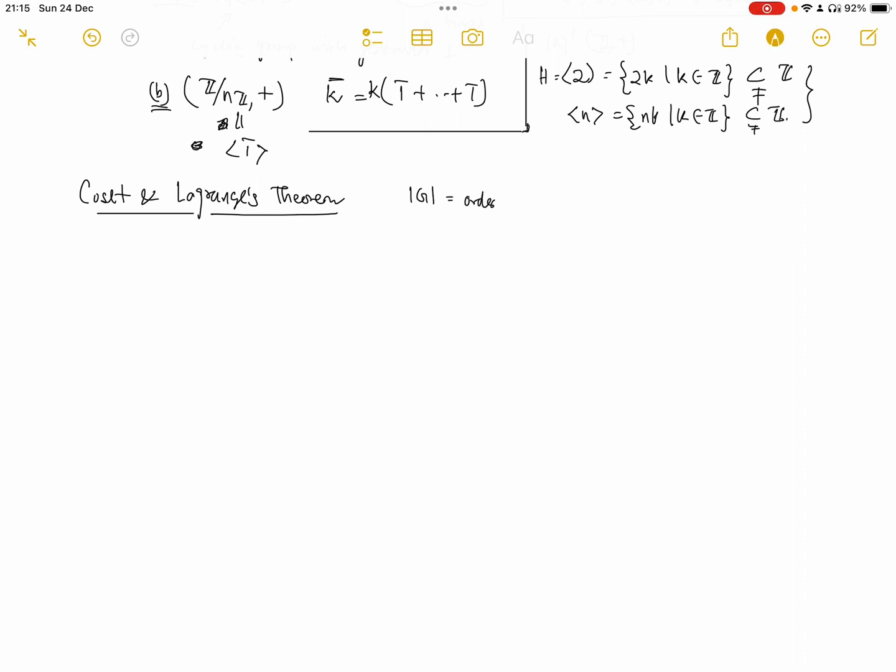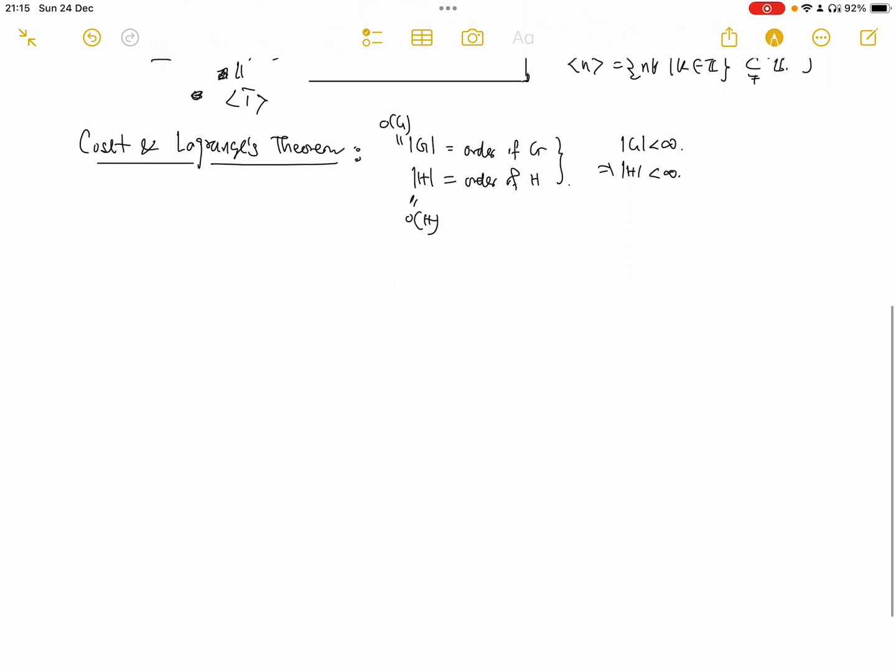This is denoted by order of group G, and we always take H to be a subgroup, with order of the subgroup being |H|. Some books refer to it as O(H) or O(G). Let's see what is the relation between these. Throughout this discussion, I will take the group to be finite, and so H will automatically be finite because it is smaller than the group.